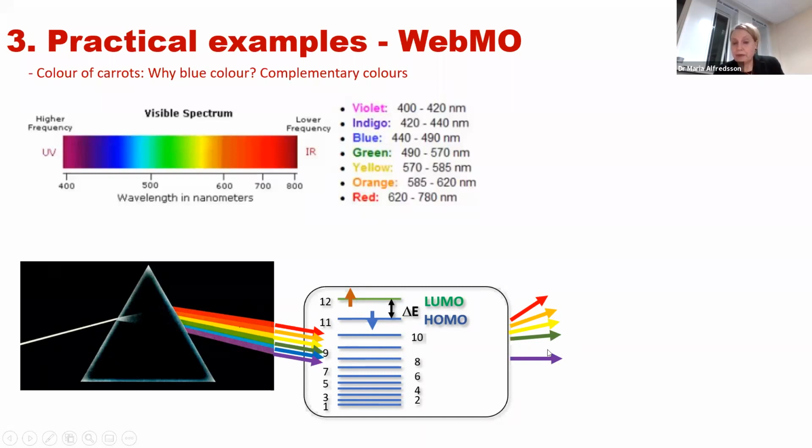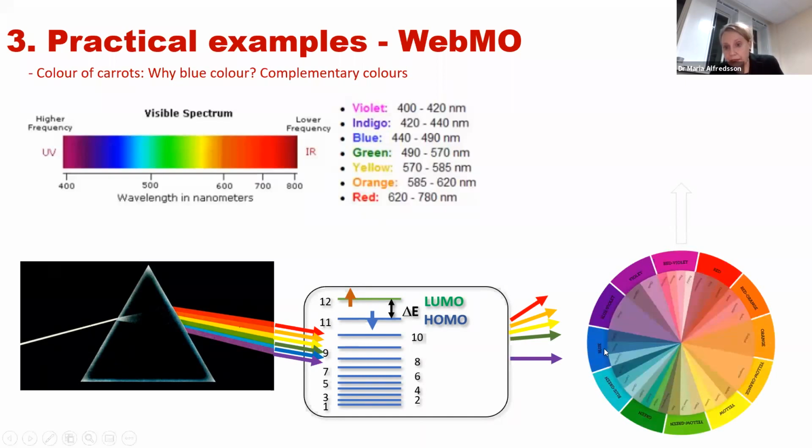If it is the blue one, it will not come out of the spectra anymore. We will not see it. It's the blue color that is absorbed. That means that what we are going to see is the complementary color of the carrot. So it is an orange color. That is what we expect, at least.